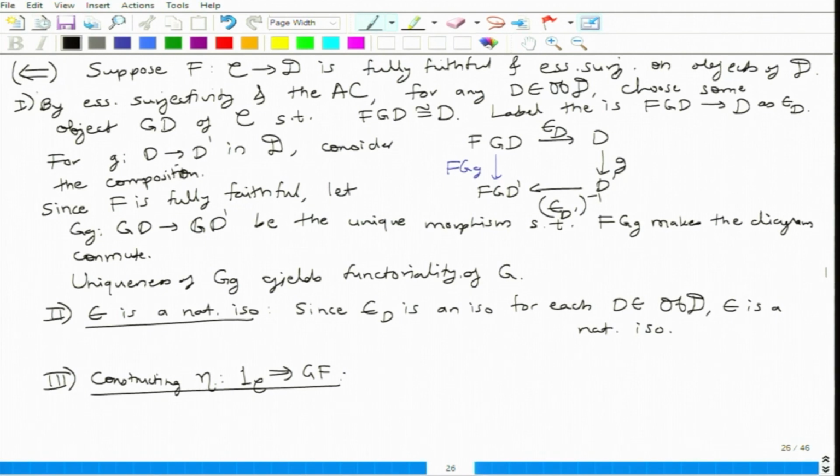Maybe I should write in one that constructing G. Okay, how do we construct eta?